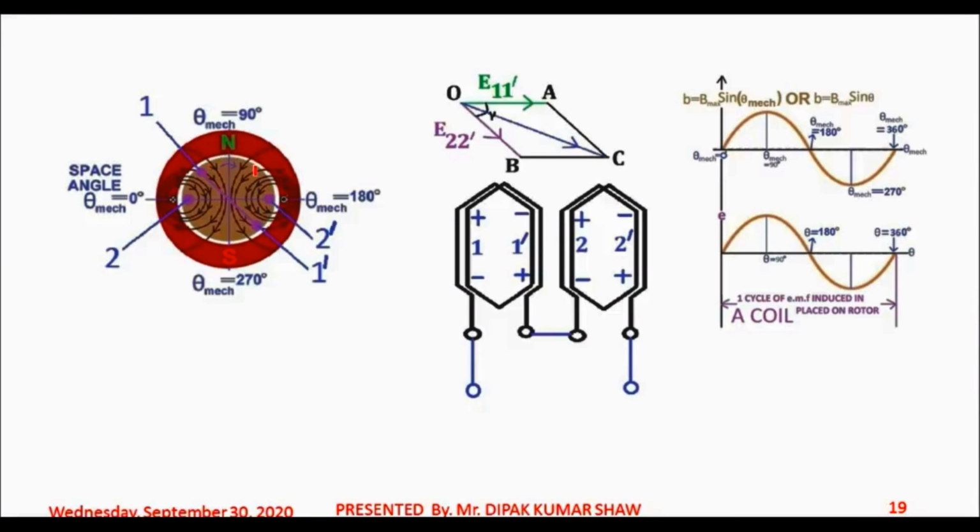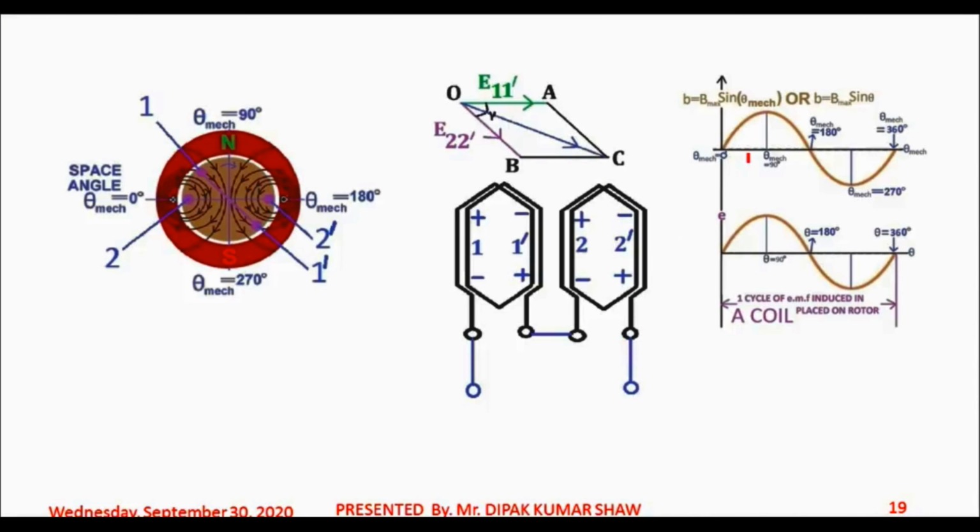If the mechanical speed of the rotor is maintained constant, then the peripheral velocity V would be constant. So if L and V are constant, what is remaining? Only B, the magnetic flux density. So the thing is boiling down to this: whatever is the variation of B, the magnetic flux density, that would be the variation of the induced EMF through the coil.